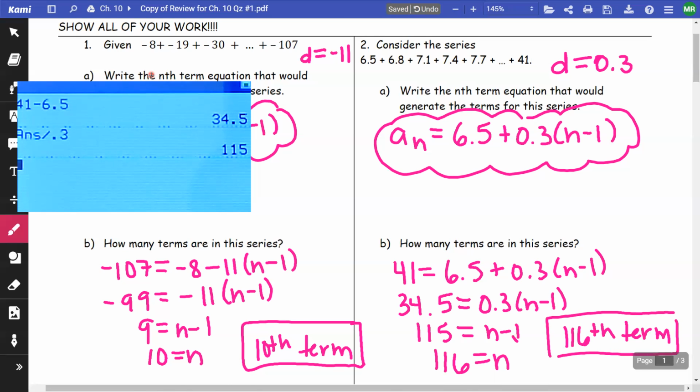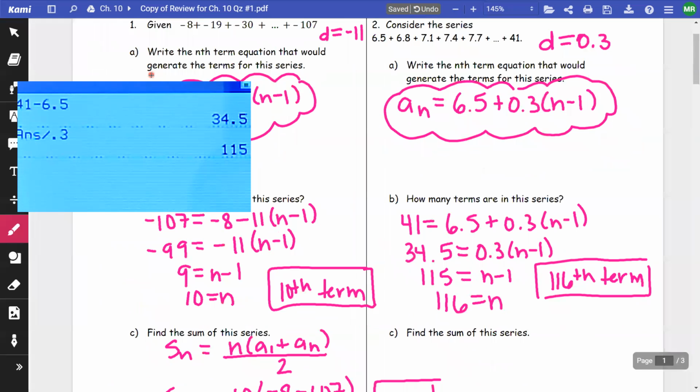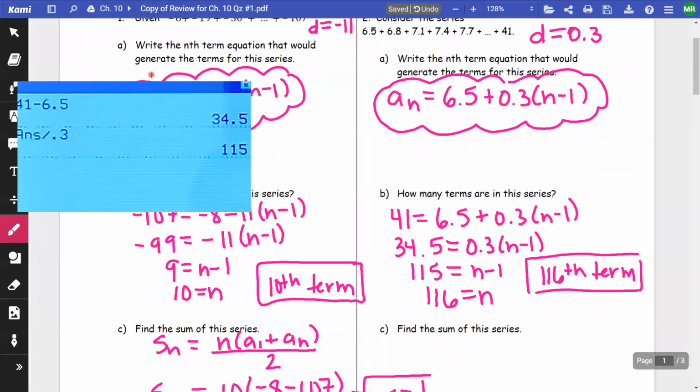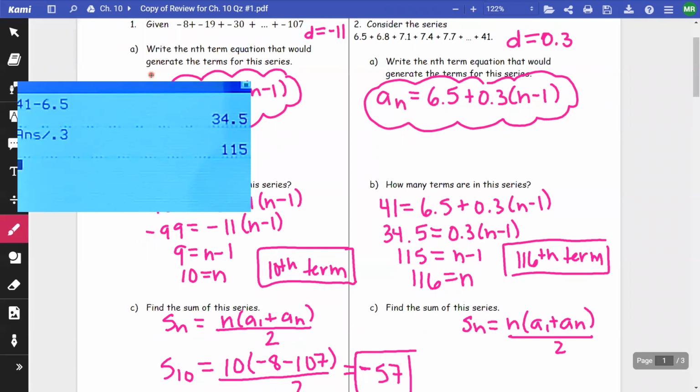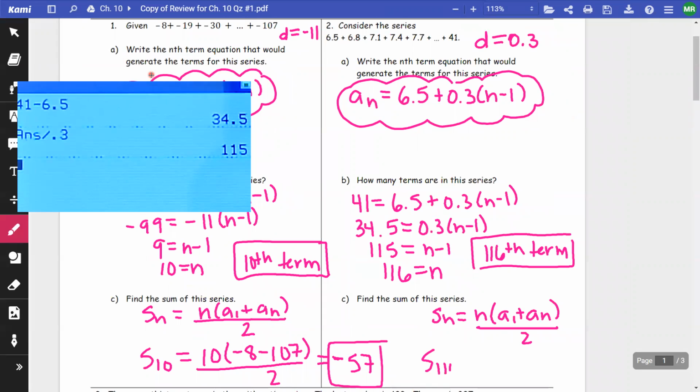Then on the next portion of this, they are asking us to find the sum. So I'm going to do, again, S sub n is equal to n times my first term plus my last term, divided by 2. We want S sub 116. So I'm going to take 116 times my first term, which is 6.5, plus my last term, which is 41, divided by 2.